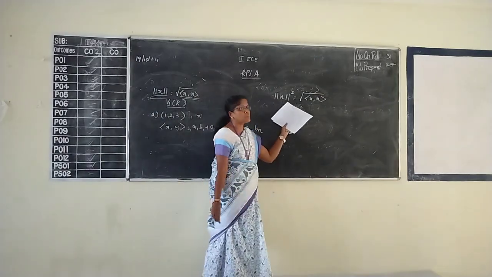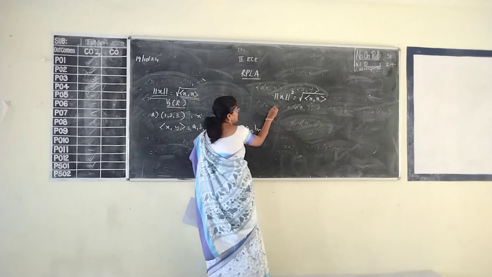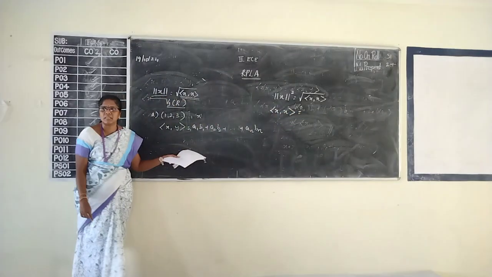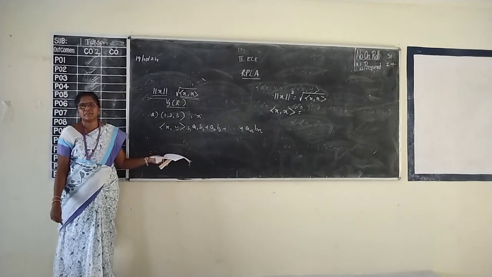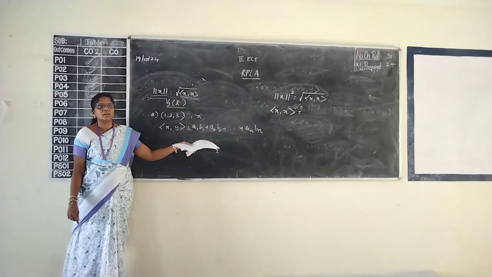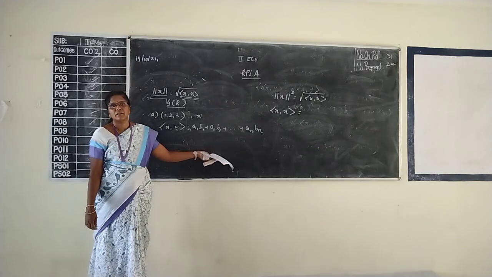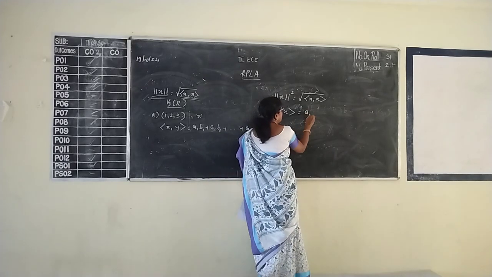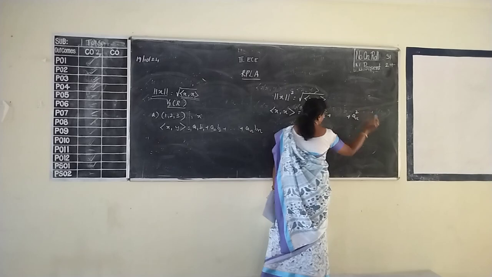To substitute in this one, first you have to find the inner product of x comma x. This is the definition for x comma y. What will be the answer for x and x? a1 times a1 is a1 square, plus a2 square, plus etc. an square.